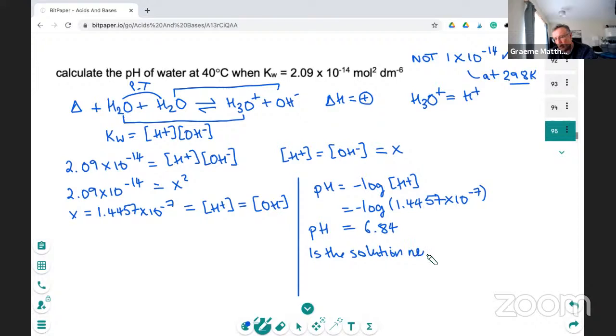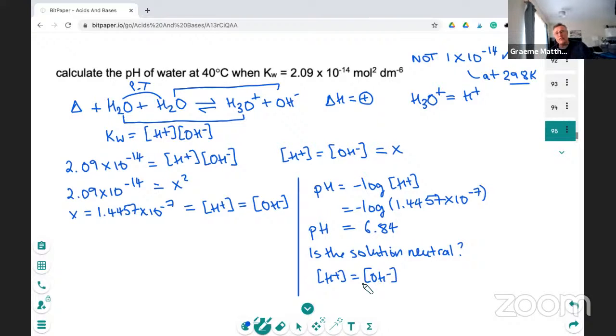Now, again, you've got to stop and think like a teacher, right? You're thinking, what do they mean? Is it neutral? Now, most people think that if a solution is neutral, it's going to be a pH of 7. No. If a solution is neutral, what it means is that the hydrogen ion concentration is equal to the hydroxide ion concentration. This is what being neutral means, right?